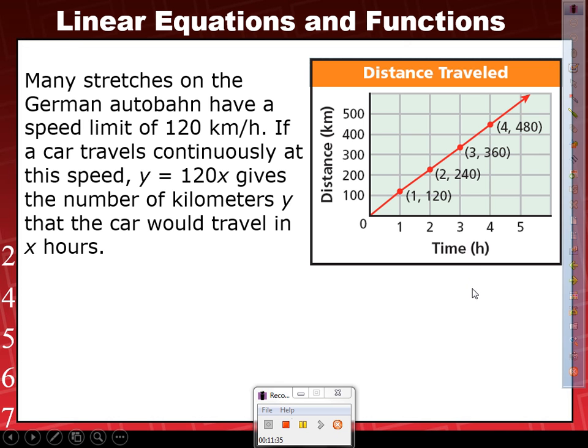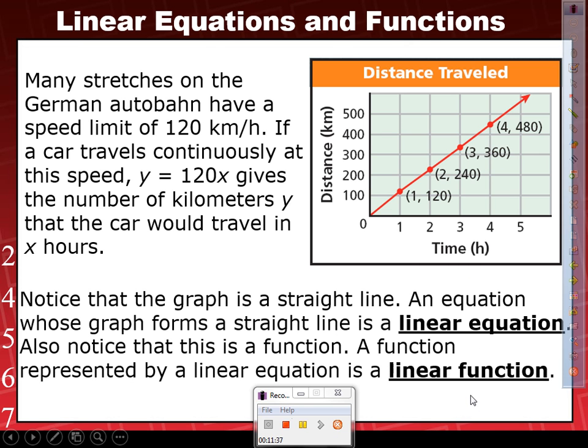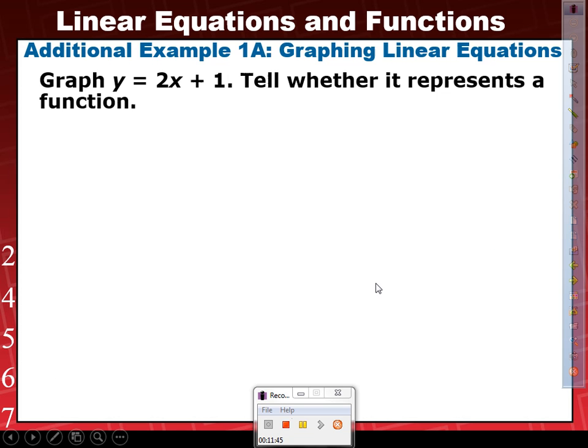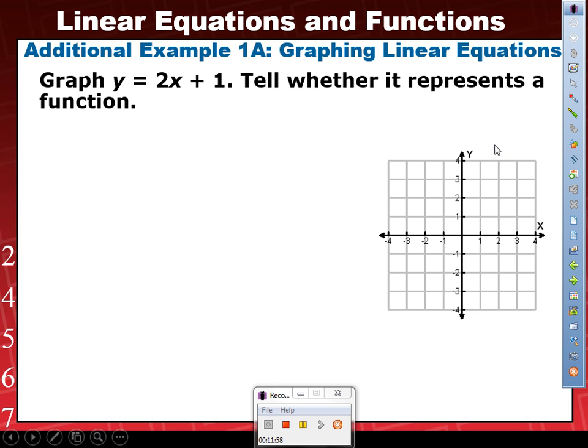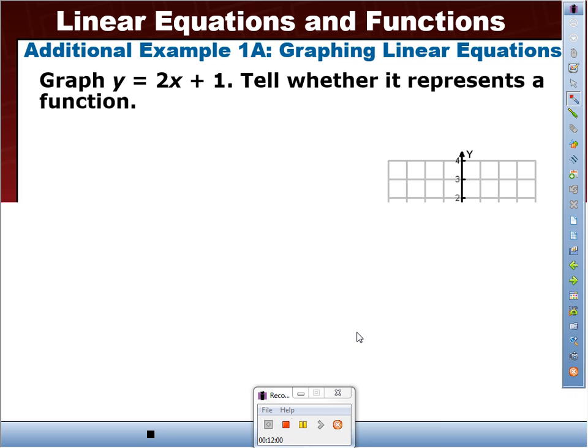That's why this is a linear equation, but also known as a linear function. Are we there so far? All right, so with that said, at the top left of your paper with that graph, I want you to write this problem down, example 1a. Write the words for this one. It says graph y equals 2x plus 1. Tell whether it represents a function. Copy that, please.